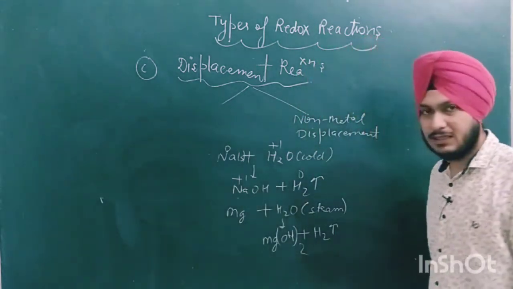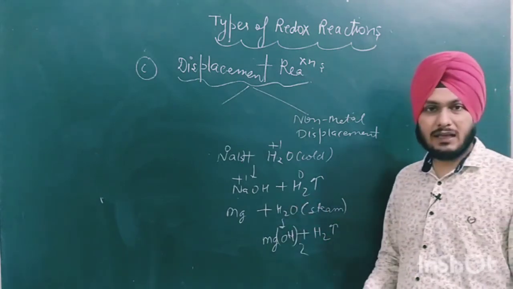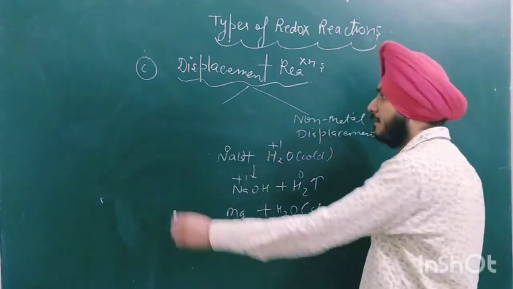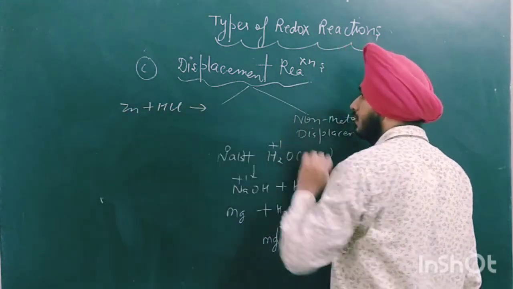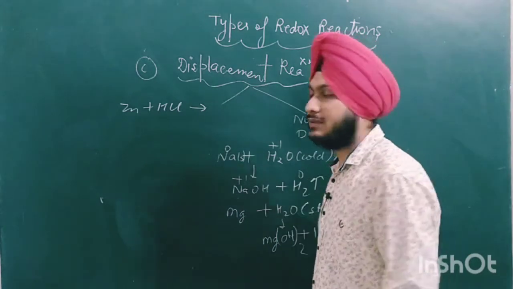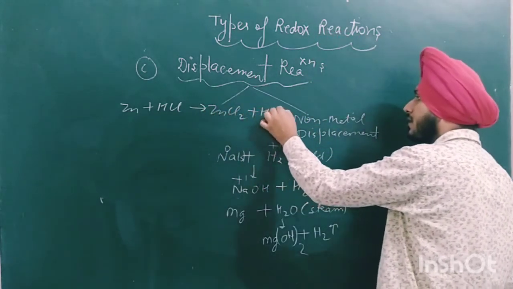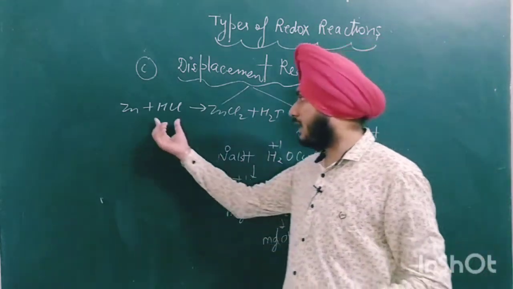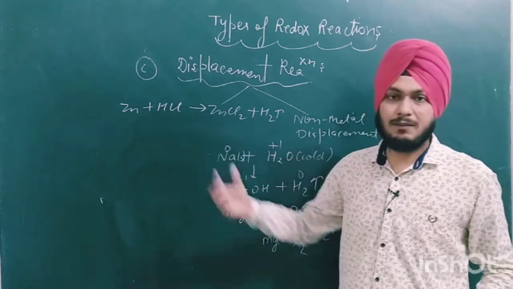There are some more less reactive metals, for example zinc, which cannot easily react with water. They can react with HCl: zinc reacts with HCl to give ZnCl2 plus hydrogen. Now why can they easily liberate hydrogen gas with the help of an acid?